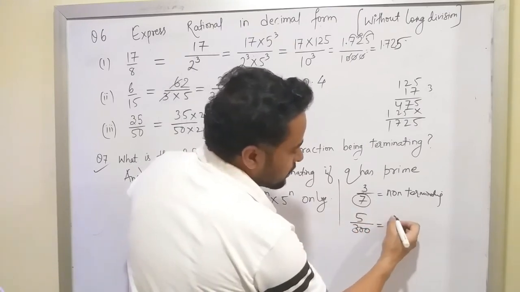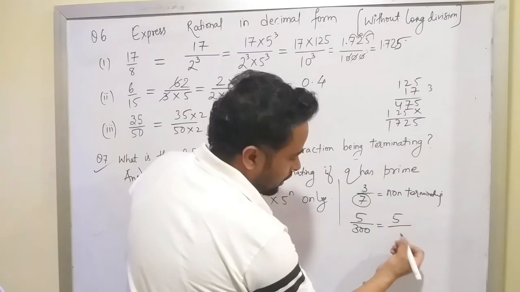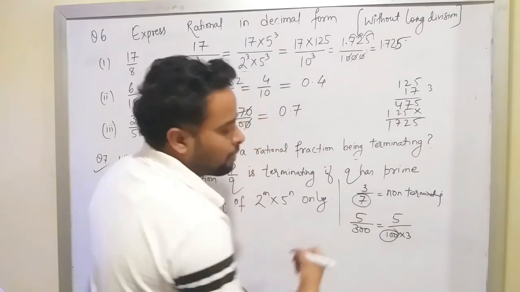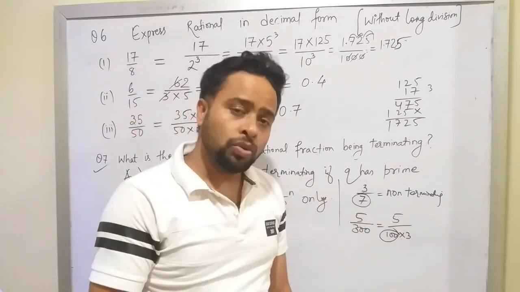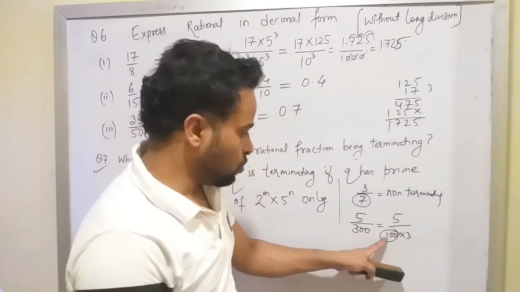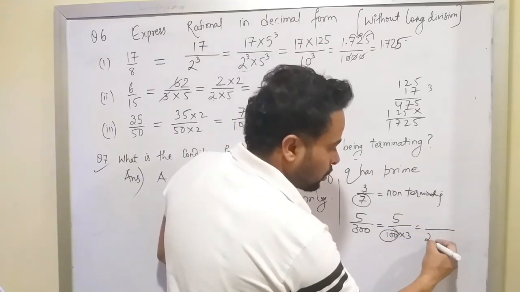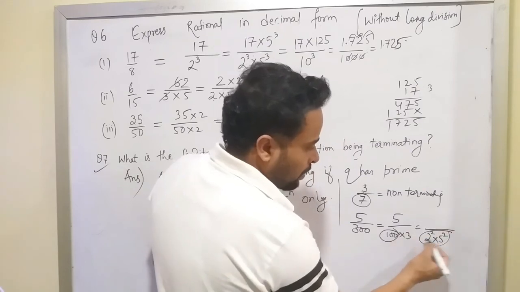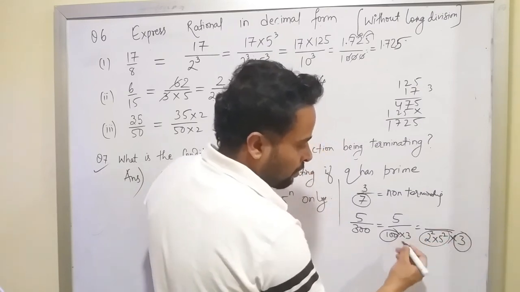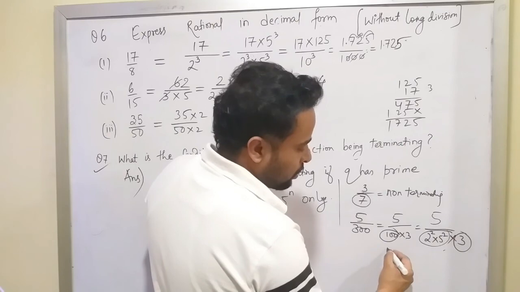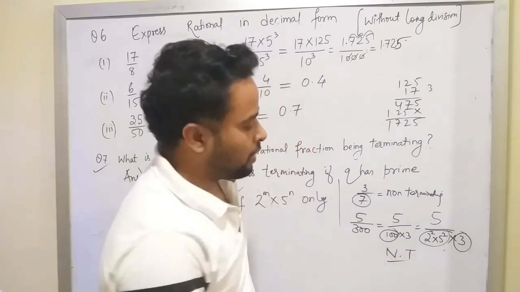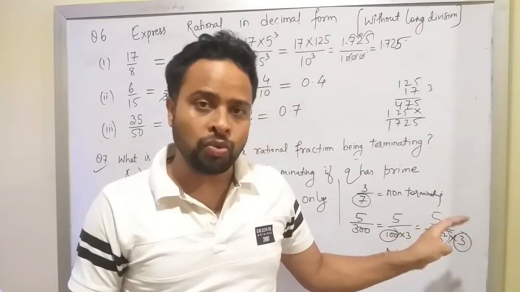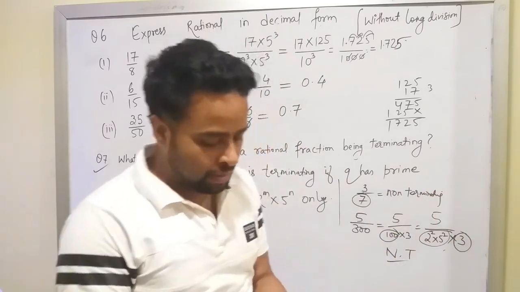We can write this as 5 by 100 into 3. 100 can be written as 2 to the power 2 into 5 to the power 2. It has 2 and 5, but because of the presence of 3, this becomes non-terminating. Why? It should have only the factors of 2 and 5. It cannot have others than 2 and 5 for a fraction to be terminating.